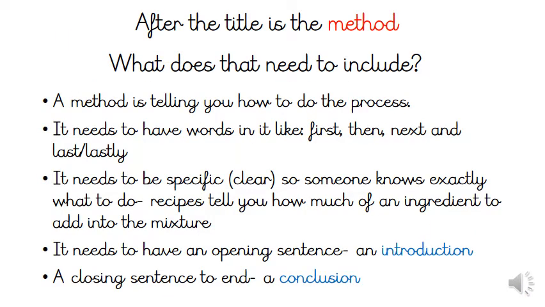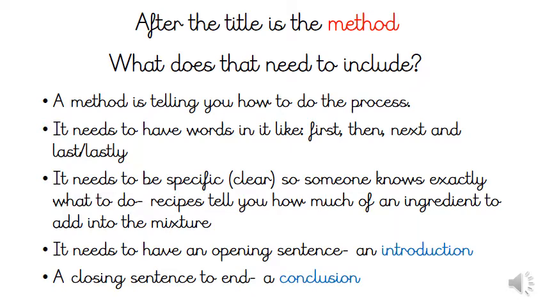After the title is the method. So what does the method need to include? A method tells you how to do the process. So it tells you in little bite-sized bits what to do. It needs to have words in it like first, next, then, and last or lastly. It needs to be specific, so it needs to be clear, so someone knows exactly what to do.